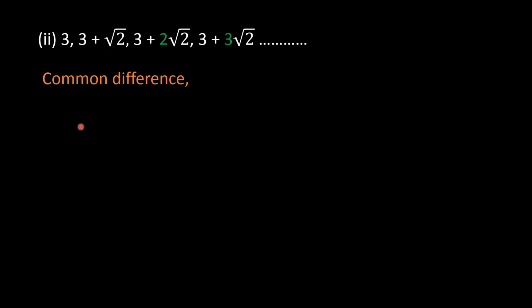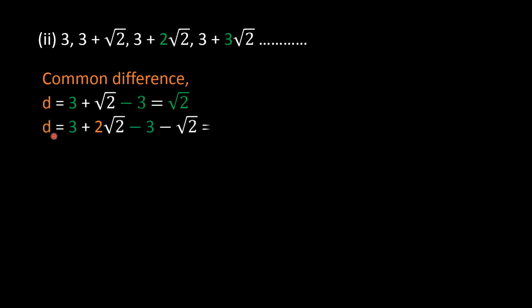First, we will use D equals 3 plus root 2 minus its previous term, which is 3. 3 minus 3 will be 0, and we are left with root 2. So D is root 2. Now we will use the third term and the second term.